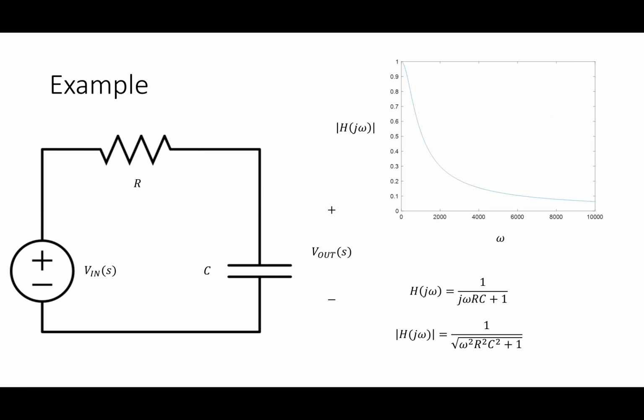Now, the thing that's important about that is we often make a plot that shows us the magnitude of that thing as frequency changes. So what I've done here is I've taken this H of j omega, which is a function of omega. What I did was plot the magnitude of that.